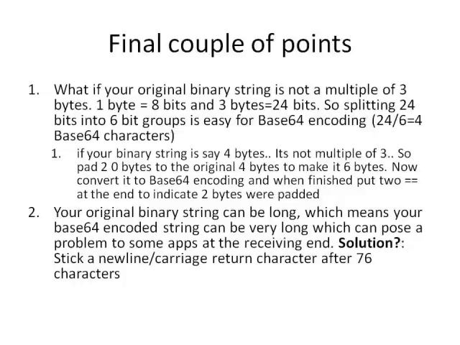As we saw in the previous slide, Base64 encoding is more efficient than hexadecimal because the 3-byte binary string mapped to 4 characters as opposed to 6 characters if we had used the hexadecimal encoding. Final couple of points in Base64 encoding: what if your original binary string is not 3 bytes or a multiple of 3 bytes?